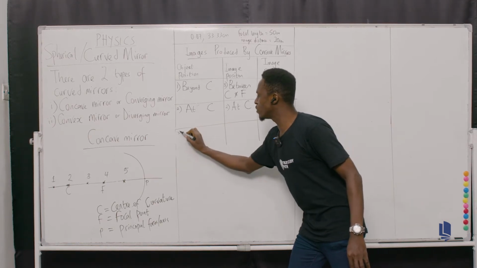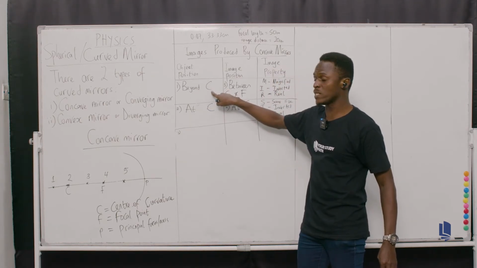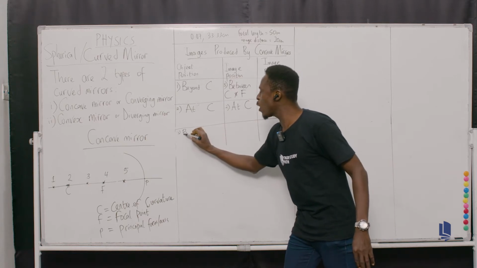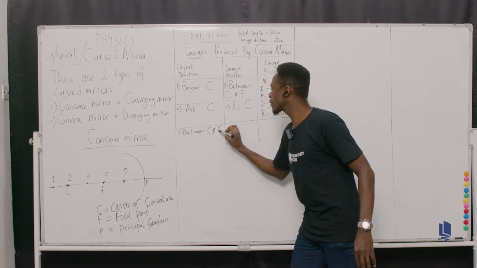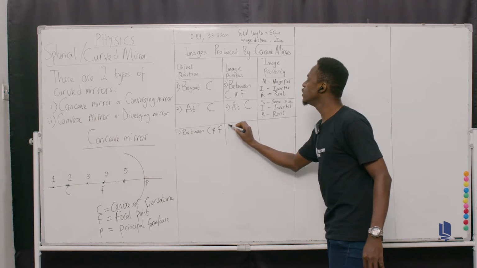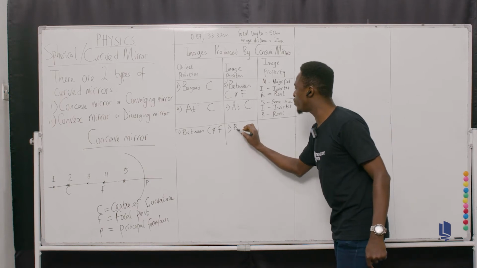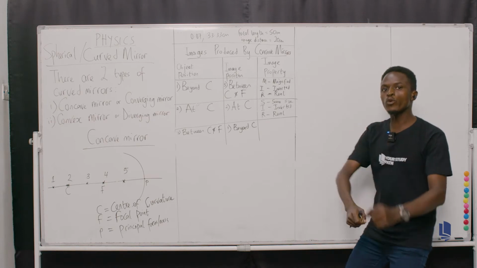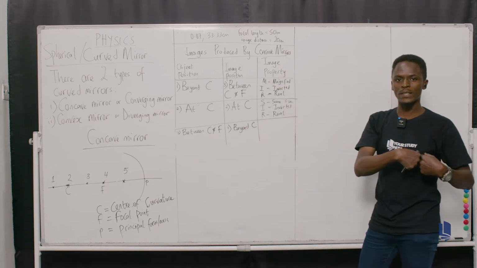Number 3 position. Remember, when you position the object beyond C, you have the image between C and F. Now when you position the object between C and F, what happens is that number 1 is where the image will be formed, which is beyond C. When you put your object at position 3, the image will be formed at position 1.